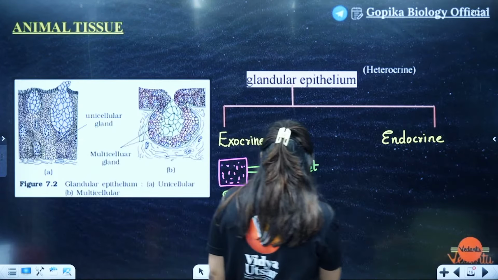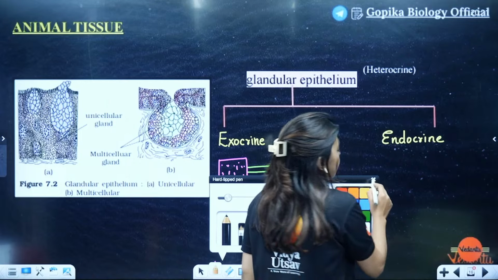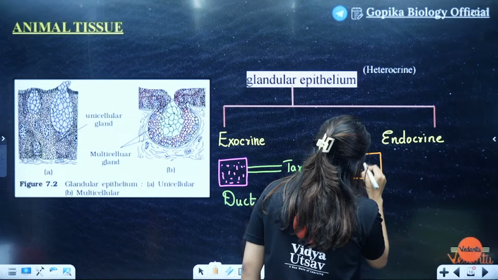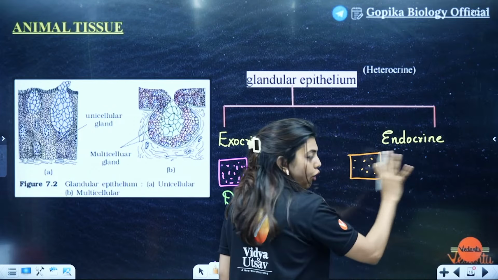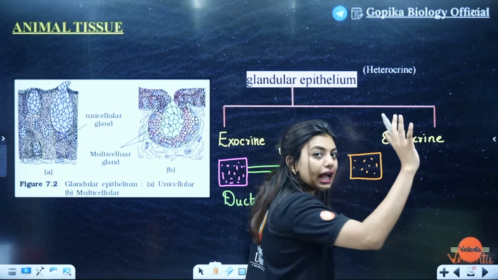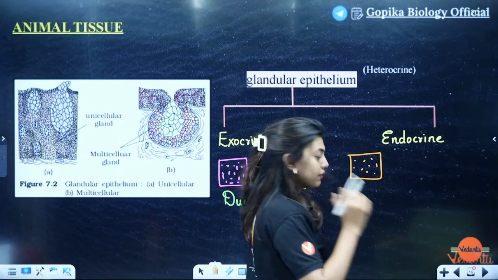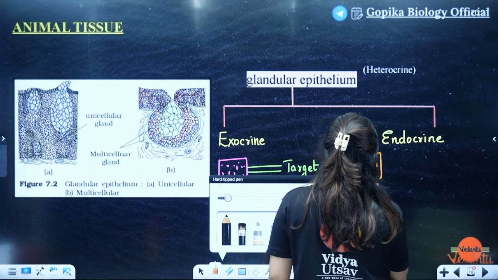On the other side, we used Roshni's help, that means we took a middleman's help. Here the hormones are formed, but we do not have a duct. So we take the help of our very own blood.